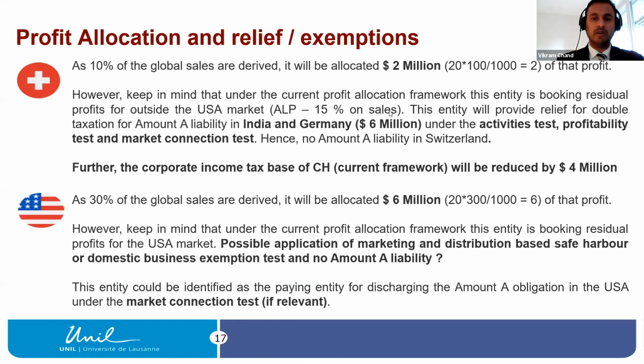Once again, you could apply the marketing and distribution based safe harbor test here, or the domestic business exemption test, and hence there would be no AmountA liability, because the residual profits being reported in the US under the current framework are quite substantial. Even if there's an AmountA liability, the US entity would be identified as a relieving entity for the AmountA liability if it arises in the US. This is not the case in this example.